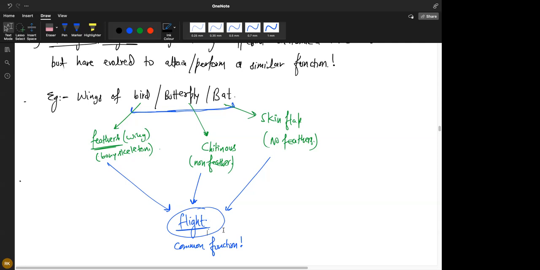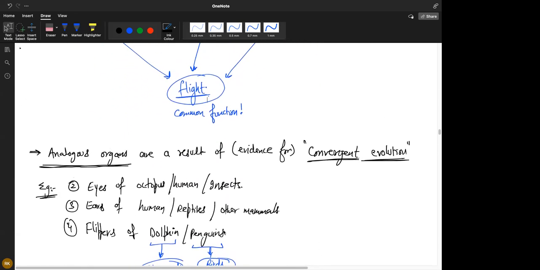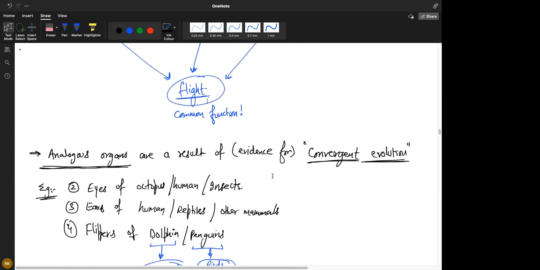The same holds true for all other major activities that animals are adapted to in nature. So when scientists started studying analogous organs, they realized that analogous organs are a result of convergent evolution, and hence they also provide an evidence for convergent evolution. Now, what is convergent evolution? Convergence says to come together.